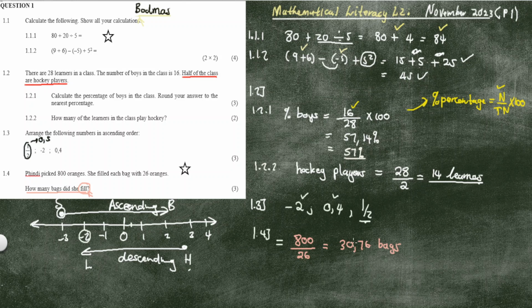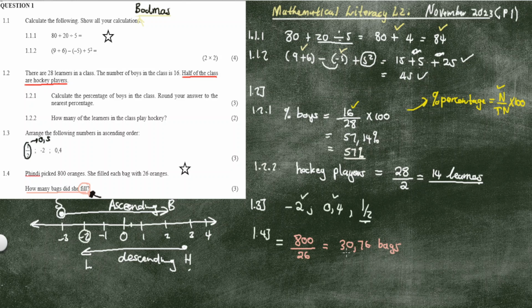Remember, the bags, we don't have half a bag. We need to have a full bag. Why? Because the bag needs to be filled with 26 oranges, not less, not more, strictly 26.